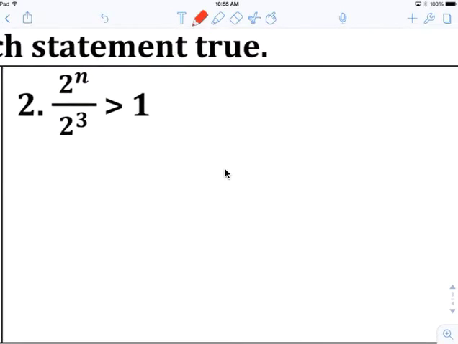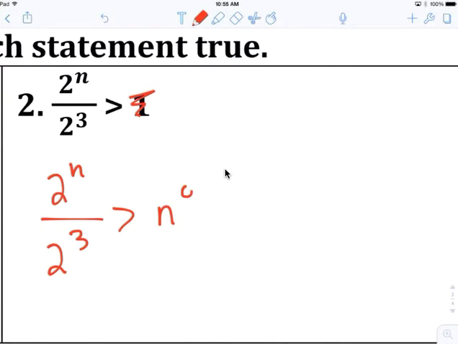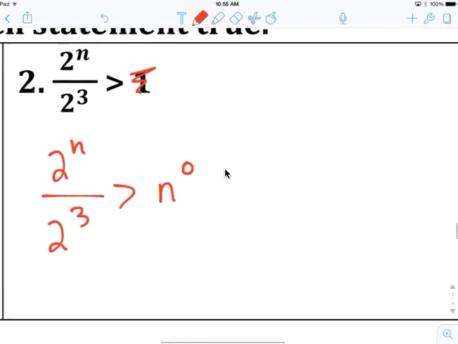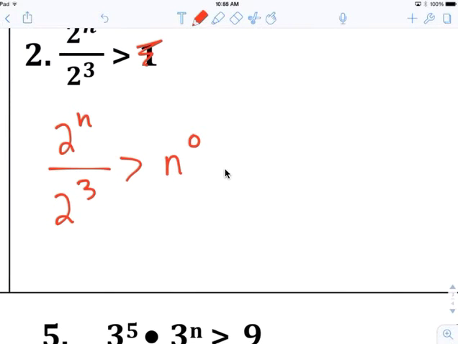Same thing here. You're writing this as an exponent. So it becomes 2 to the n, 2 to the 3rd, greater than 2 to the 0 power. So what makes it greater than? You know, we're going to subtract these. So n minus 3 is greater than 0.